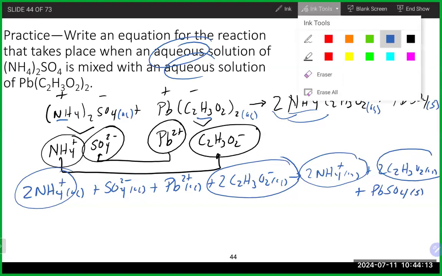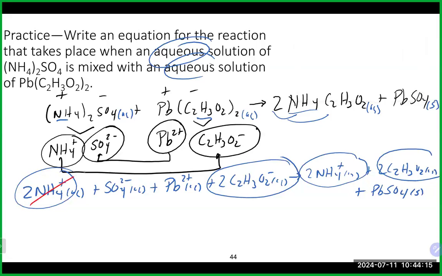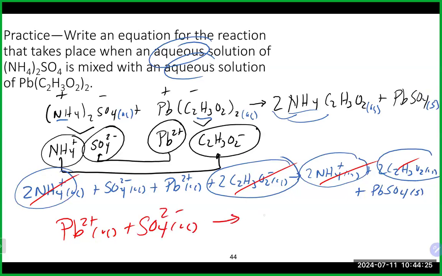Those guys are going to cancel out and leave us with the net ionic equation, which is when we pour these guys together, the lead ion is going to go find the sulfate, and they will come together to make this solid of lead 2 sulfate, which is a precipitate that was made, a precipitation reaction, which is a subclassification of a double displacement reaction. Any questions on any of that there?